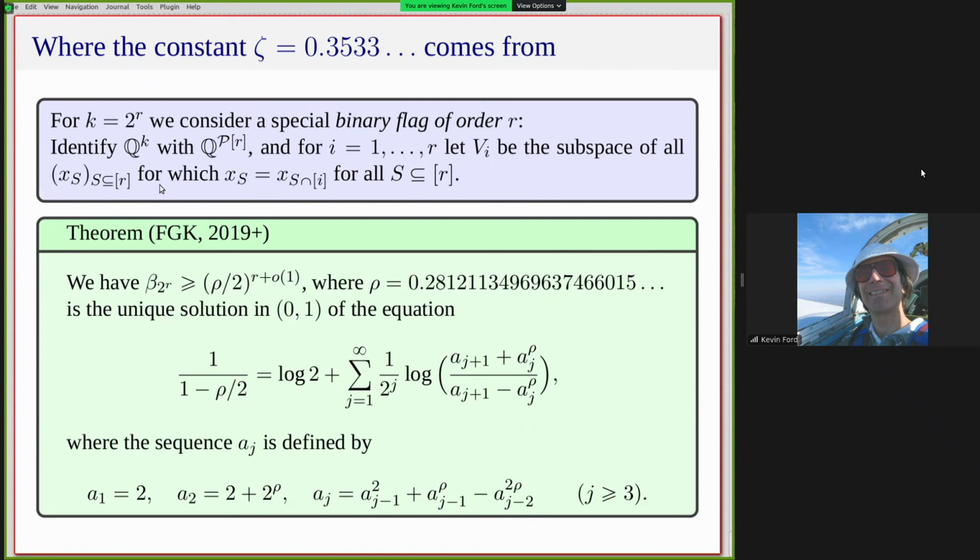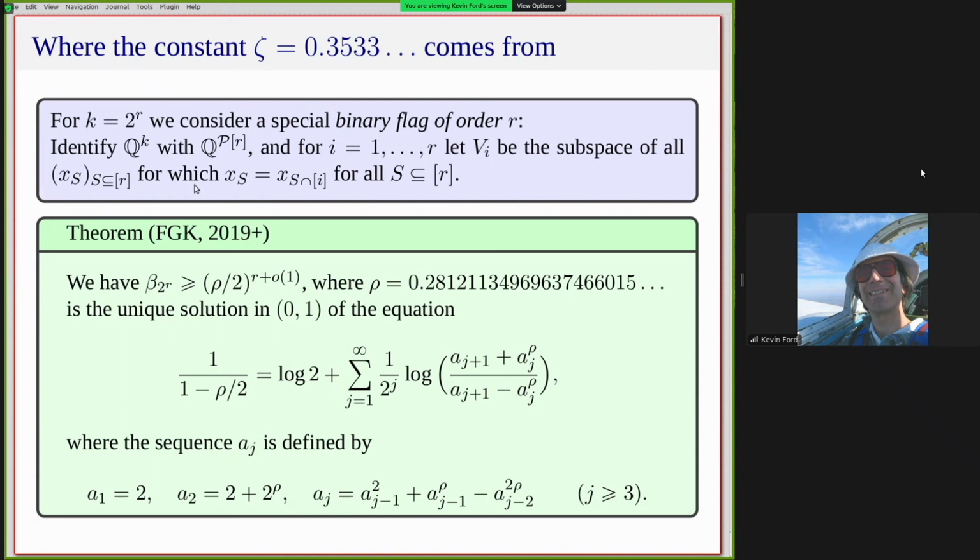So we identify these indices. So again, K, we're specializing to powers of 2 again. That's kind of an important special case, just like Meyer-Tenenbaum did. But we obtain better bounds than they did for every R, in fact. So we index things by subsets of R. Of course, there are 2 to the R possible subsets.